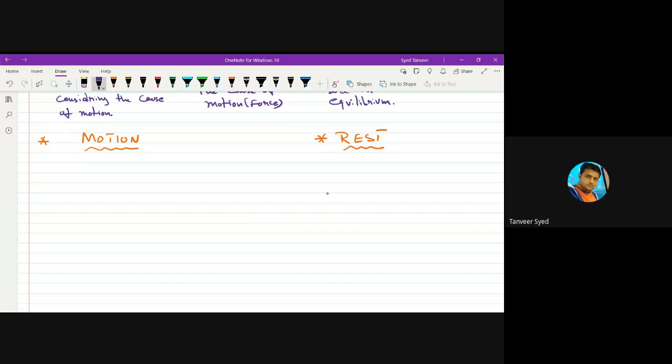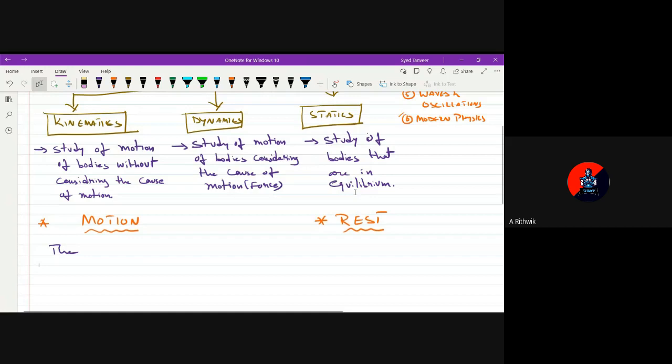Motion, you say that any body is in motion if the position of the body changes with time.